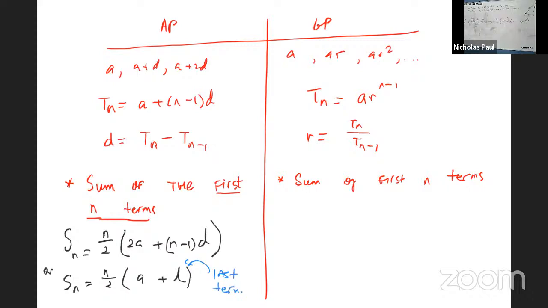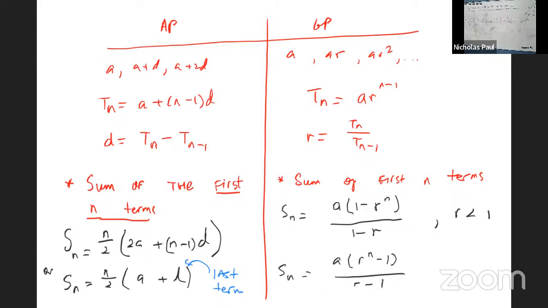And if you have a GP, you have 2 versions of the formula. S to the n is equal to a by 1 minus r to the power of n all over 1 minus r. But you'd only use this formula if r is less than 1, really between 1 and minus 1. And the next one, S to the n is a, you switch it around, r to the n minus 1 over r minus 1.